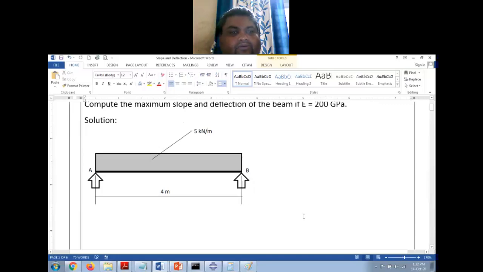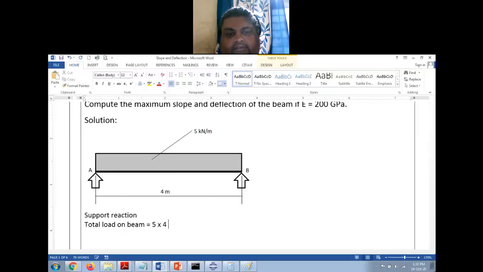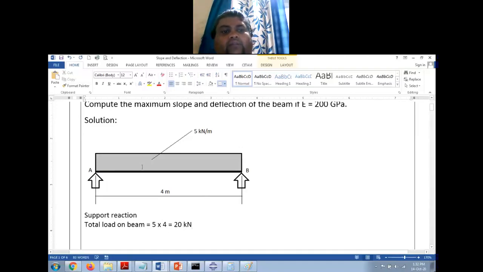Now let us try to solve this. First thing we'll do is we'll find the support reaction, right? So total load on beam is equal to 5 kilonewton into length of beam is 4 meters. So this is equal to 20 kilonewton. So that much of total load is applied on the beam.